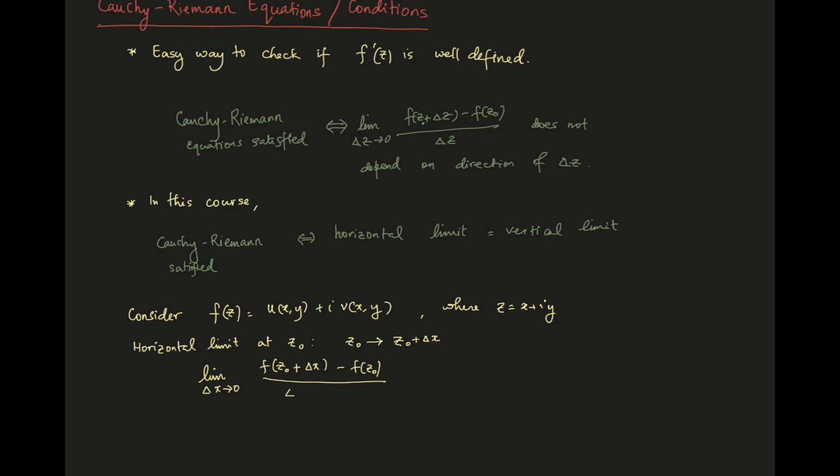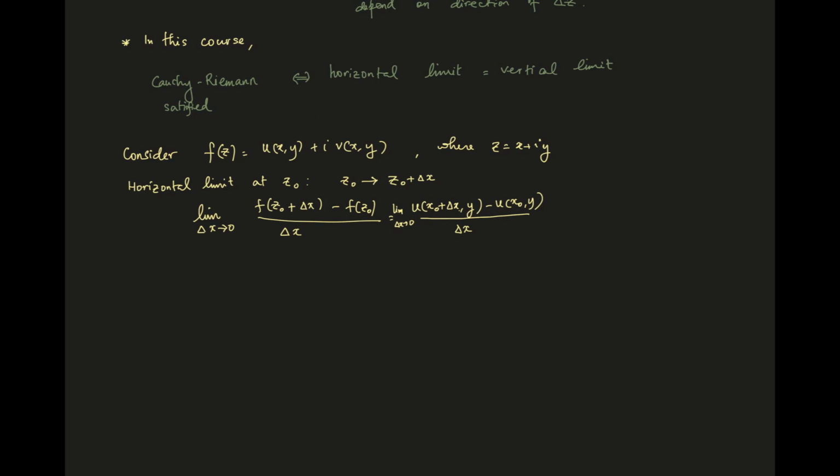So the derivative then becomes the limit of f of z0 plus delta x minus f of z0 divided by delta x, and this can be written in terms of the functions u and v as the change in the function u as you go from x,y to x plus delta x comma y, and the change in the function v as you go from x,y to x plus delta x comma y.